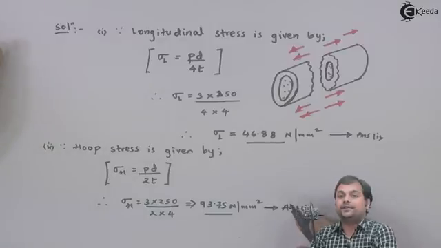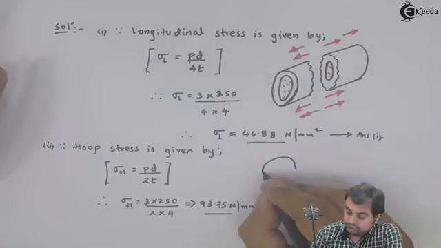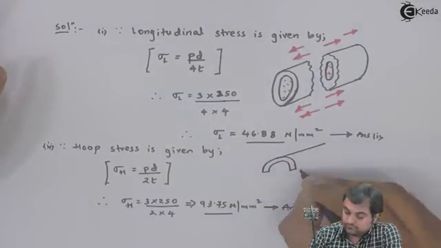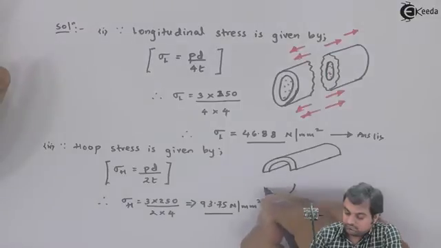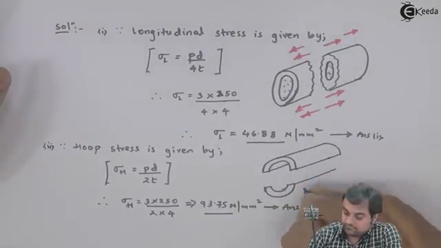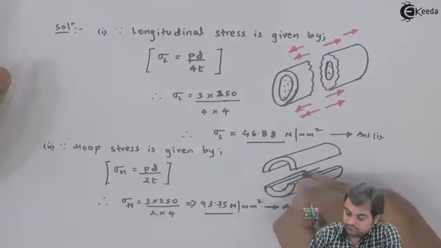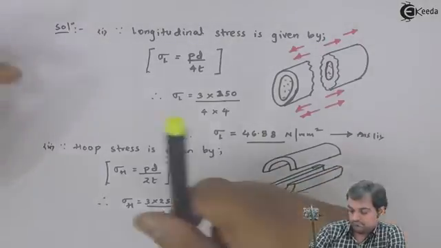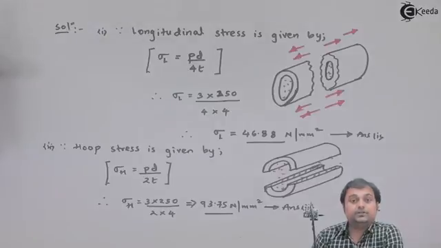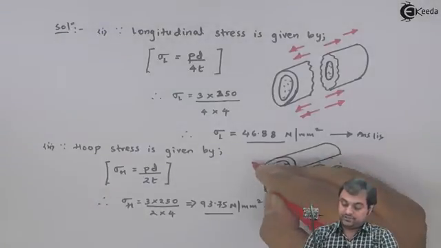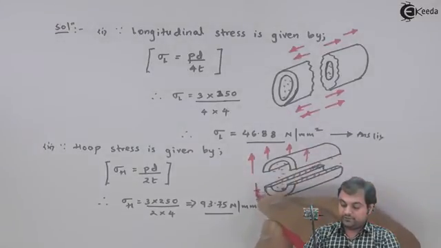And how would the cylinder be breaking? Because of the internal pressure developed, there are chances of the cylinder bursting in such a way that it breaks perpendicular to the circumference.